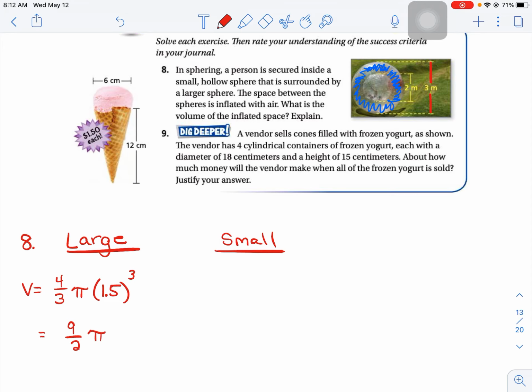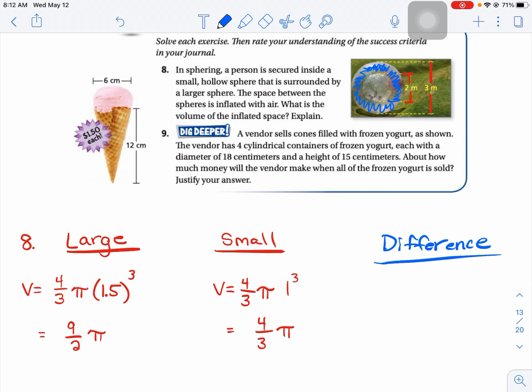If I find the small sphere, the volume would again be 4/3 pi. Here my diameter is 2, so my radius is 1 cubed, and I would just end up with 4/3 pi. Then I need to find the difference, so I need to subtract 9/2 pi minus 4/3 pi.